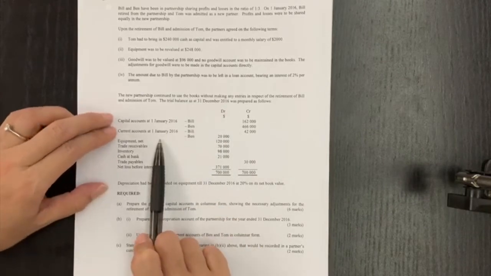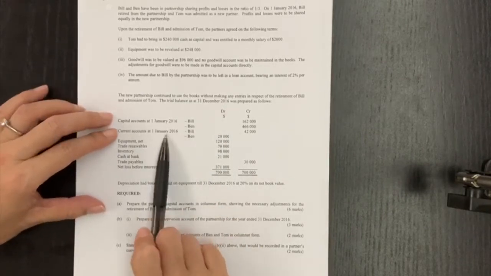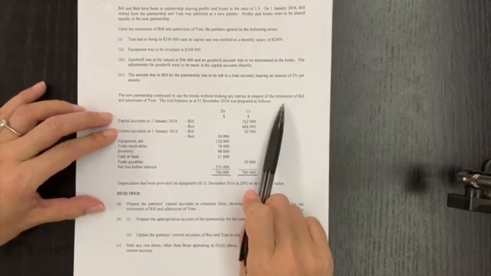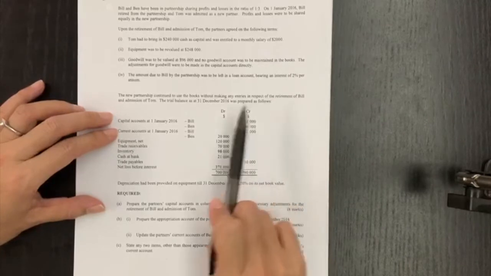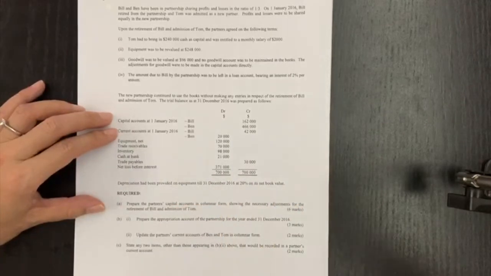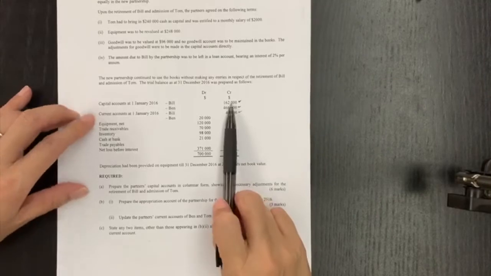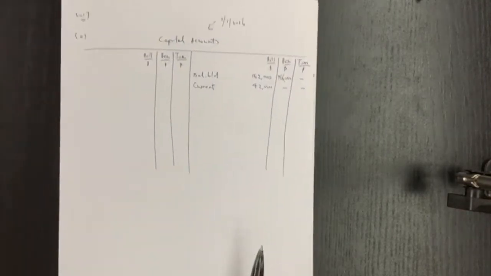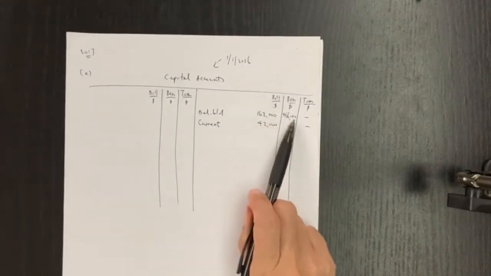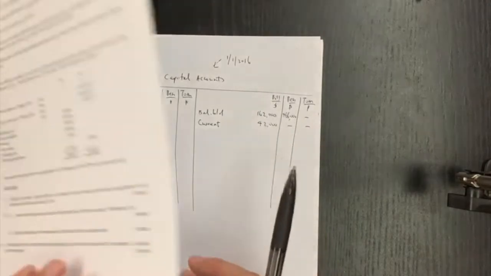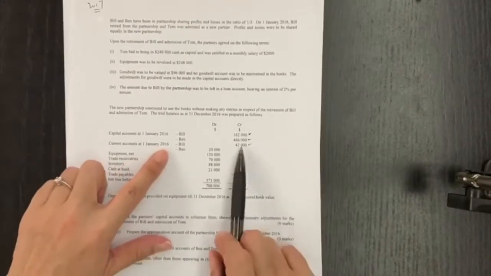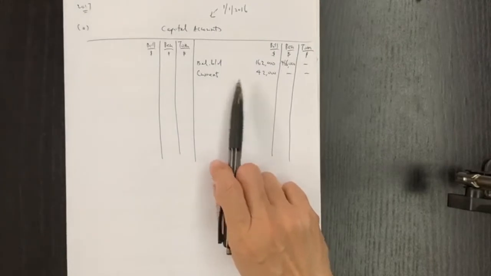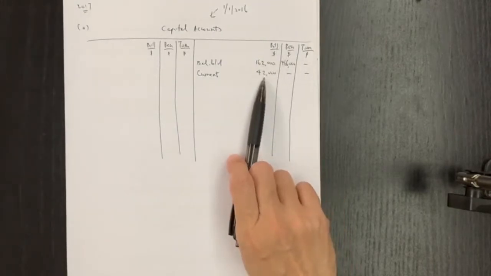When you look at the date for capital and current accounts, which is at the beginning, they are for the old partners, so you can see there's nothing done related to retirement of Bill and admission of Tom. Next I'm going to close the capital accounts for Bill and Ben to begin with. Since Bill is leaving, the current account for Bill should also be closed to the capital account, because all things related to Bill should be closed.